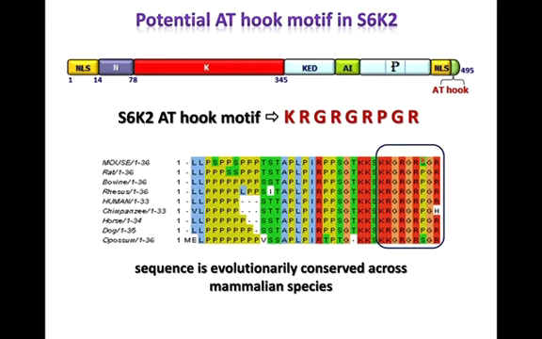So when you look at the amino acid sequence of the S6K2 protein, starting from mouse, rat, bovine, rhesus monkey, human, chimpanzee, horse, dog, oxen, you will find that the sequence is almost 99% conserved. It doesn't change.